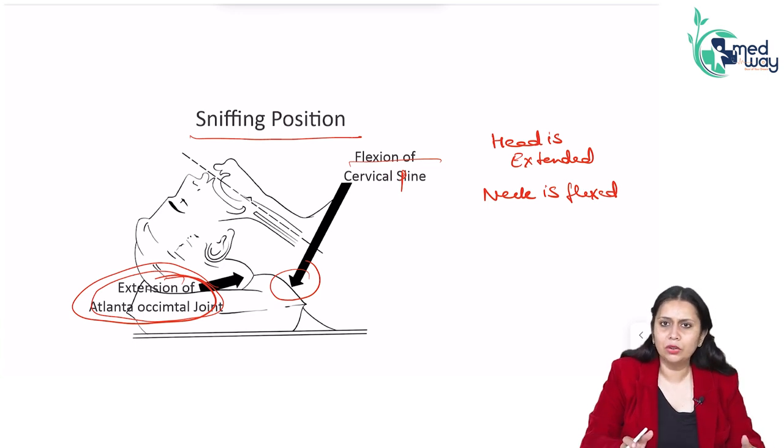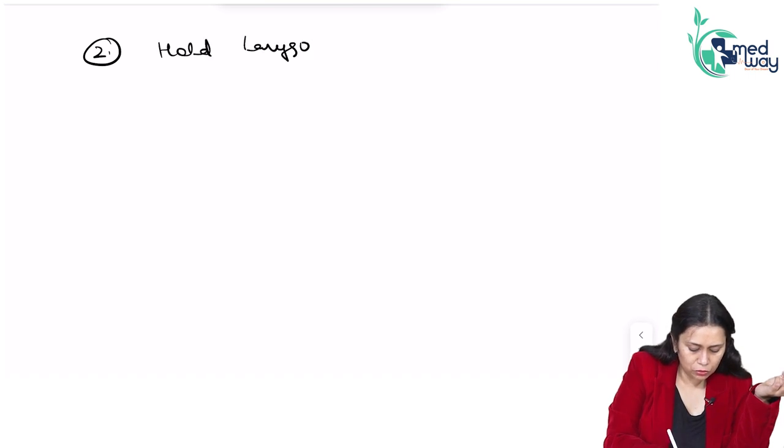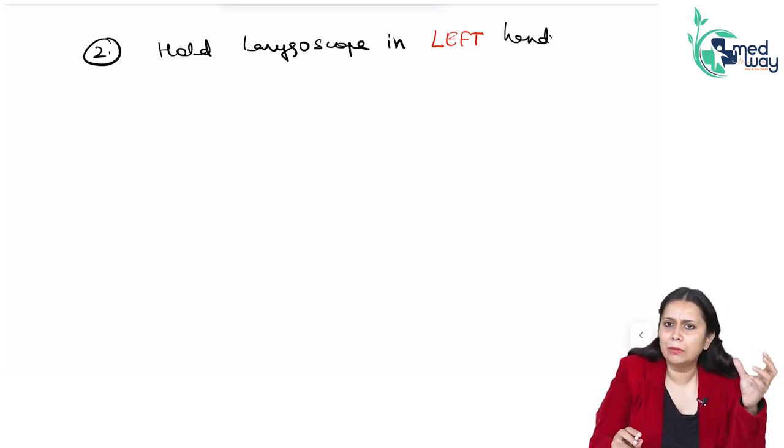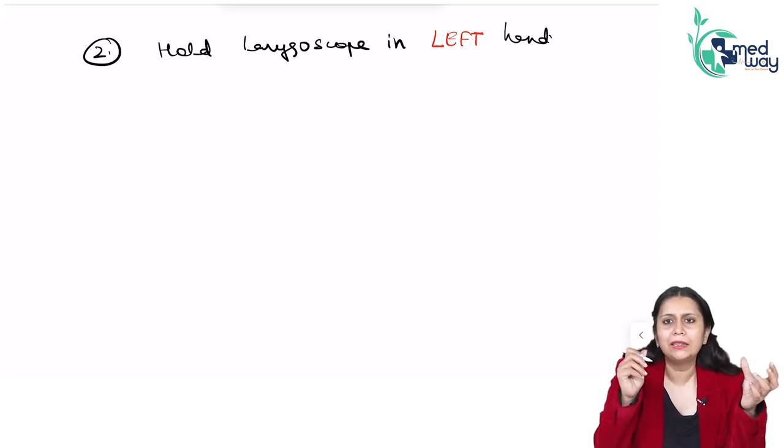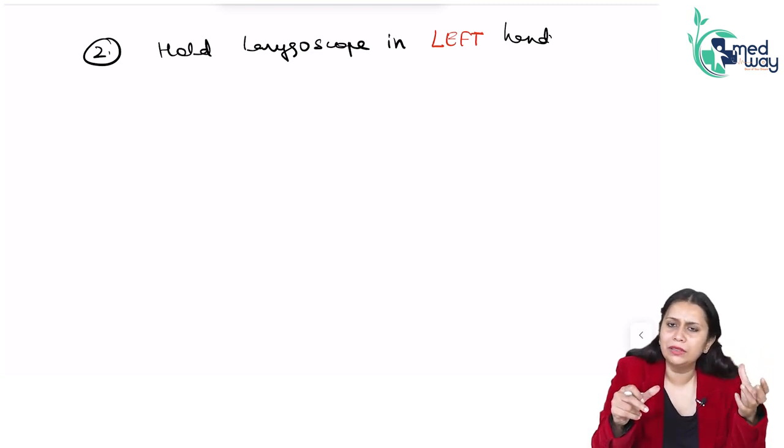Then what do we do? We hold the laryngoscope in our left hand. So the second step is that we hold the laryngoscope in left hand. Always the Macintosh laryngoscope is held in left hand. The maximum population is right-handed and the airway device should be held in the dominant hand, so the laryngoscope was designed in such a way that you hold it in left hand.